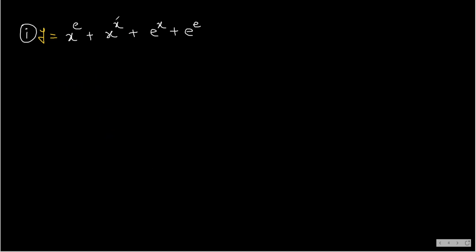For the CET exam, I will tell you to remember d by dx of x raised to x. Suppose u equals x raised to x, so what will be log of u? Log of u will be x log x.